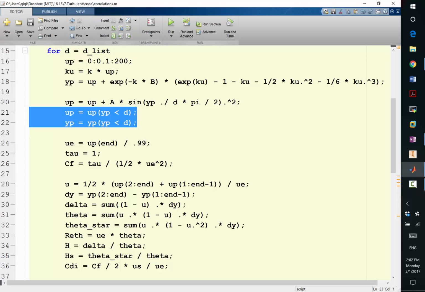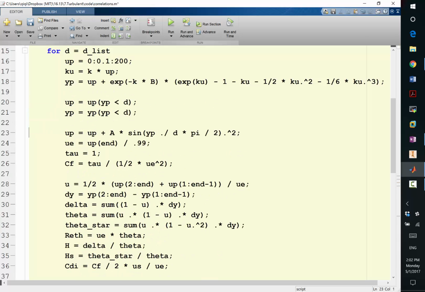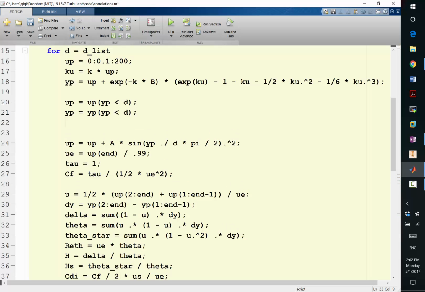So let me do the selection, the truncation of UP and YP before I add the outer layer correction. Then my US can just be computed as UP end. After I truncate the boundary layer and before I add in the outer layer correction, the location of the log layer can be considered as my US.